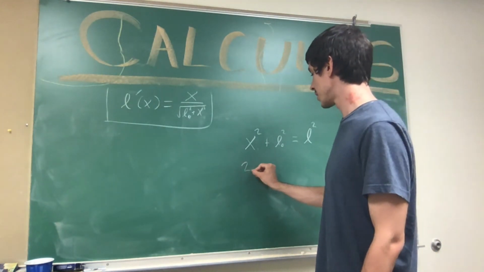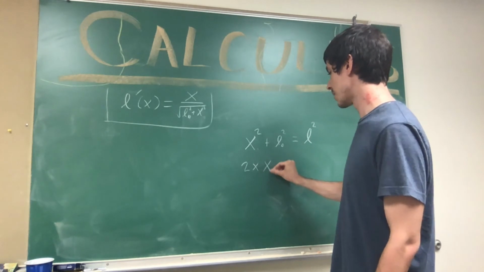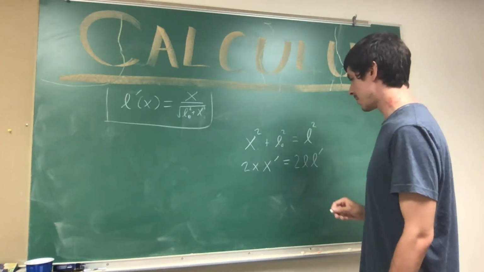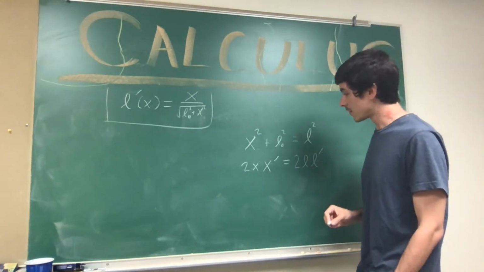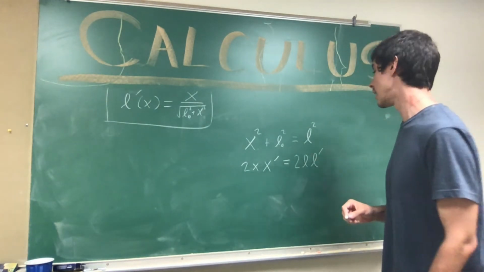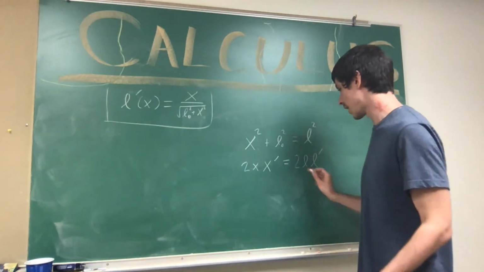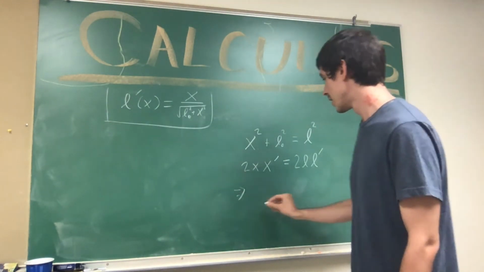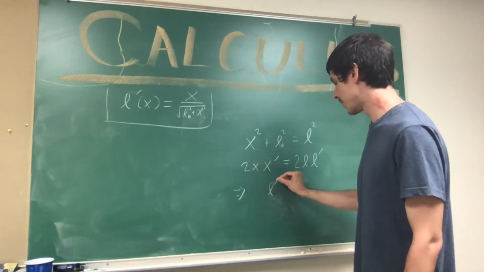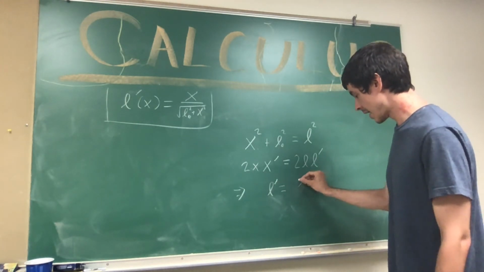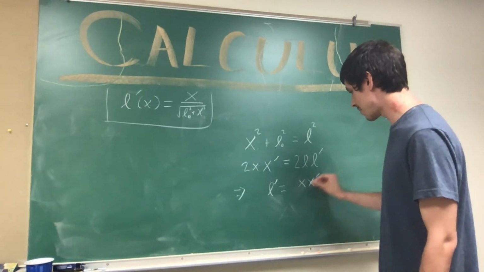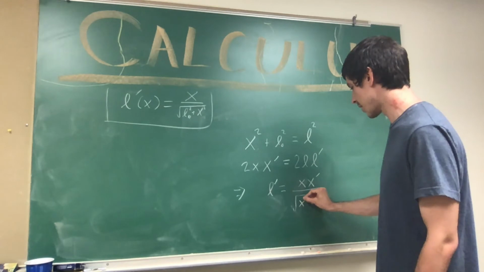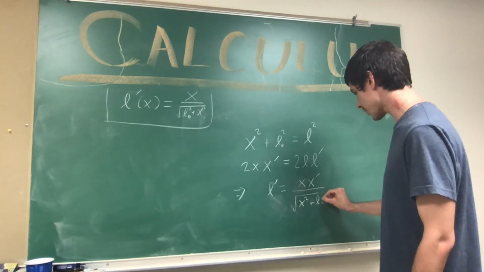So this becomes 2x times x prime equals 2L times L prime. So we again divide both sides by 2L in order to get L prime alone. This implies that L prime equals x times x prime over L, and L is still the square root of x squared plus L0 squared.